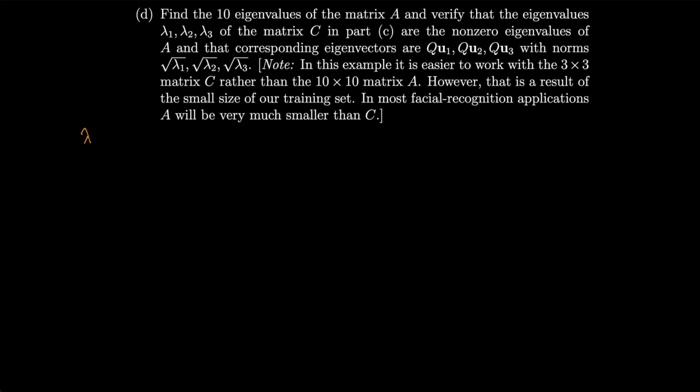Let's write them out. Lambda 1 is 0.7949, and it gives us vector v1.